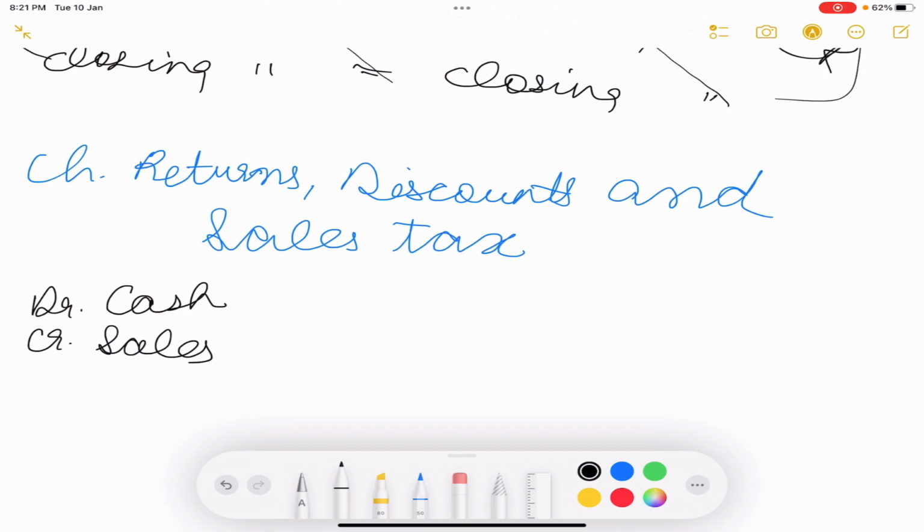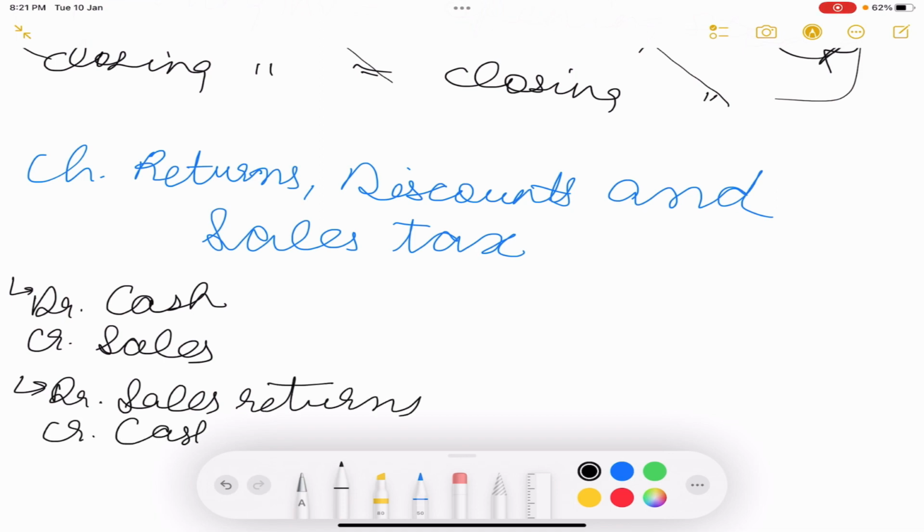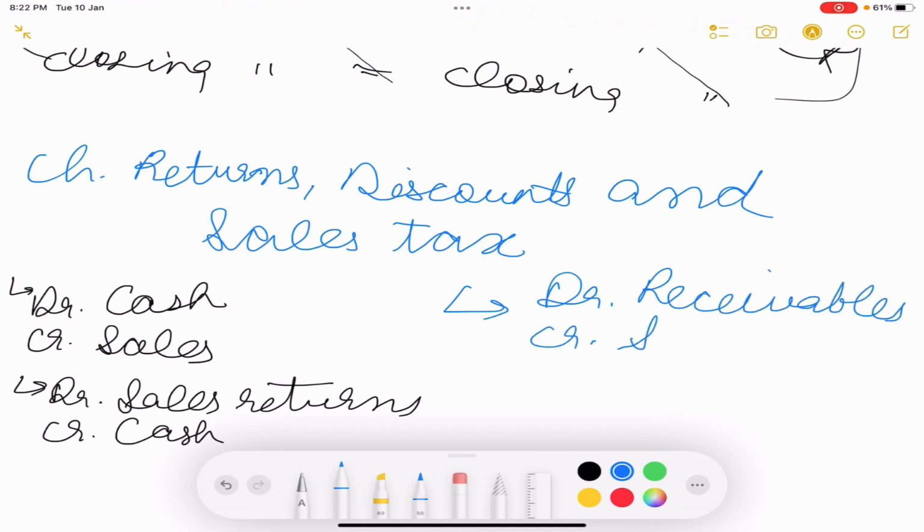Now, what is the journal entry of sales return in this case? Debit sales returns or sales revenue, and credit cash because we are giving them the cash. What is the journal entry of a credit sale? Debit receivables and credit sales.